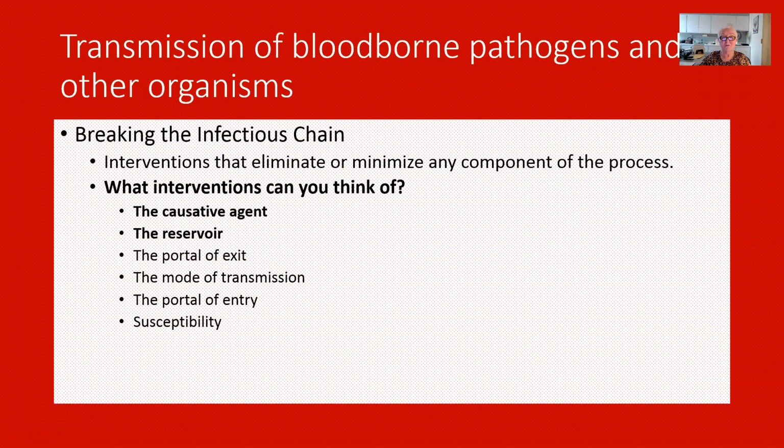Next is the portal of exit, the path by which the infective agent leaves the reservoir. It can do this through the respiratory tract, the intestinal tract, urinary, genitourinary tract, open wounds, blood, and bodily fluids. The next one is the mode of transmission.